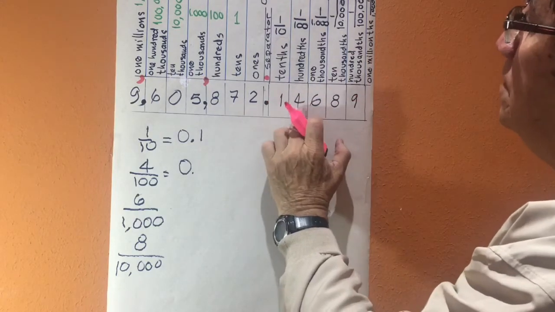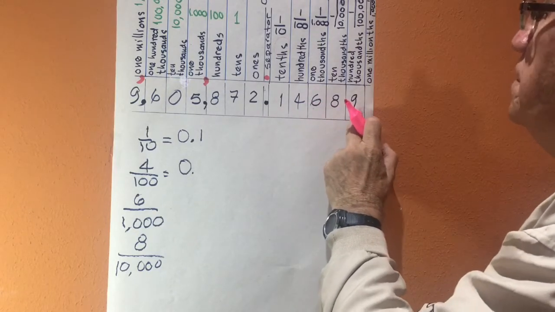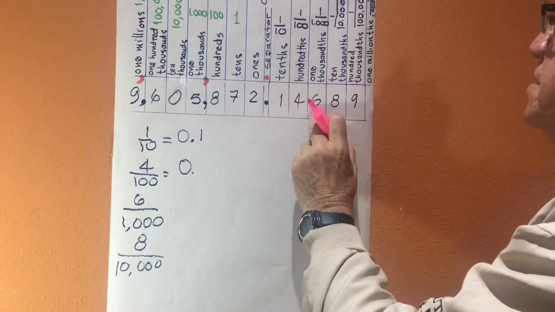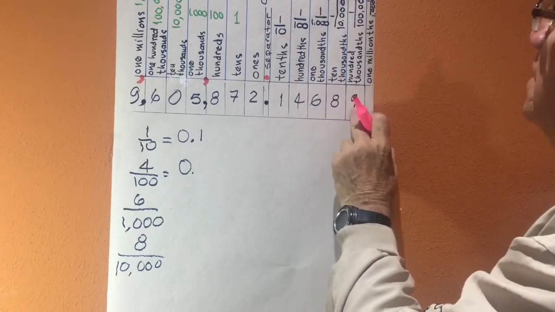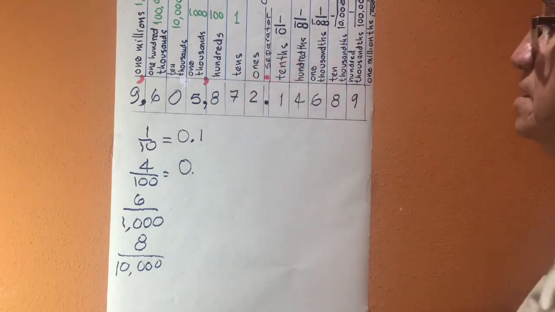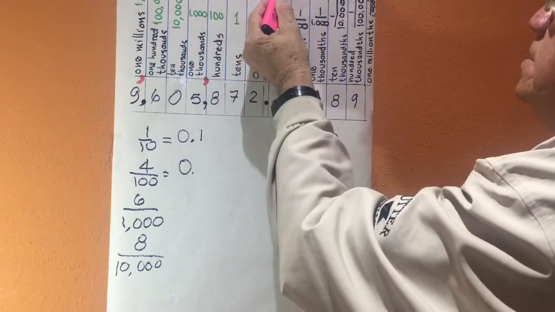That is 1/10, 4/100, 6/1,000, 8/10,000, and 9/100,000. So this number goes from the decimal point to the right.